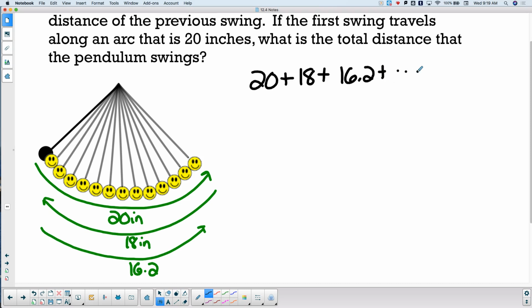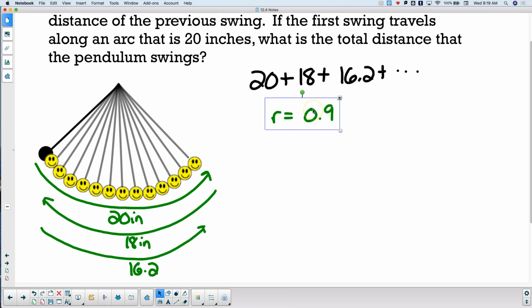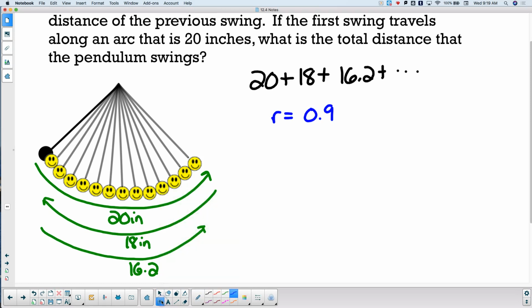So that tells me that I've got an R value here of 0.9, and a first term of 20.